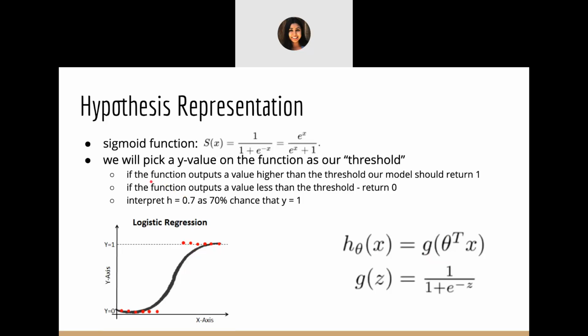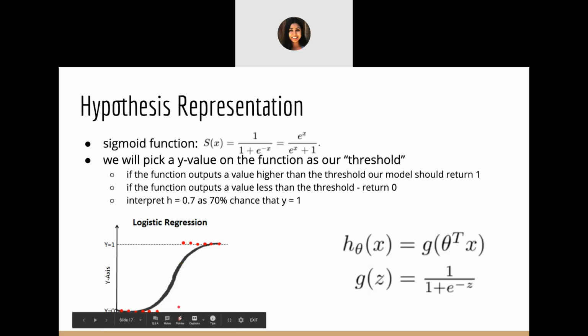Also, with logistic regression, we want to pick some type of threshold and say that if it's below that threshold, it goes in one class, and if it's above that threshold, it goes in another. Since, as I said, this is a classification task, you don't want any continuous output. So we can interpret something like h equal to 0.7.